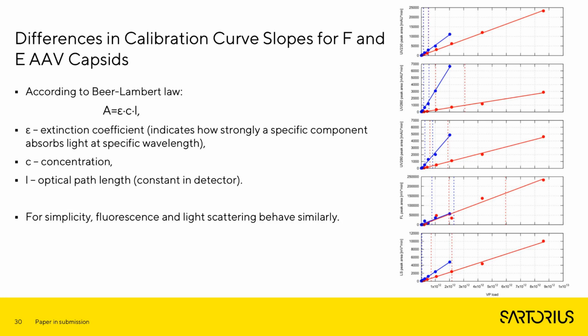And based on this, from the slope of the calibration curve, we can actually access some information about the extinction coefficient of our empty and full capsids. And just for simplicity, I assume that fluorescence and light scattering are behaving similarly. There are some smaller differences, but let's keep it simple during this webinar, so we'll neglect these differences.